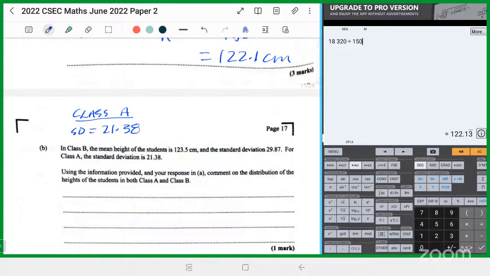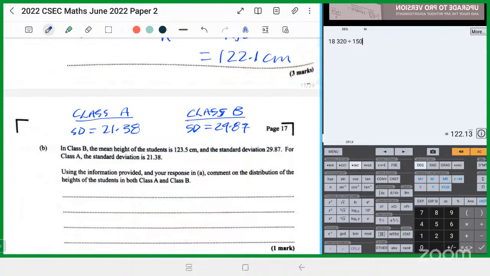And the mean up here was 121 point something, but the actual value of the mean is not really important in comparing standard deviation. So class B, the standard deviation, they tell us, is higher, 29.87.